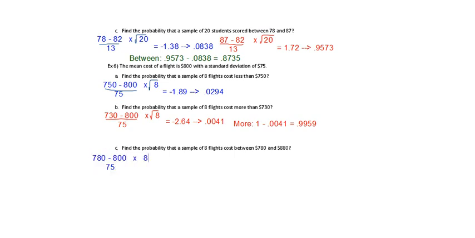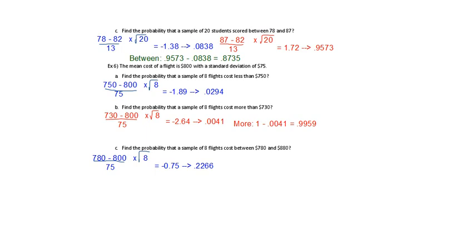So we're going to divide and then multiply by the square root of 8. If you put that in the calculator, the z-score is going to equal negative 0.75. And if you were to look up negative 0.75 on the chart, the probability is 0.2266. All right, we will come back to that later.